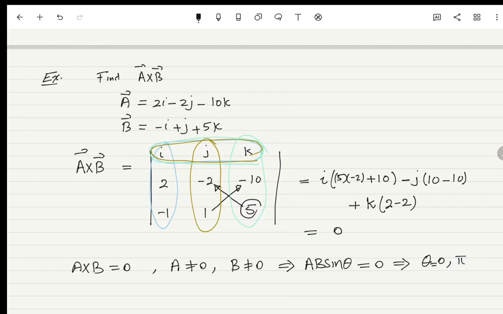In such a way, if the angle between A and B is pi, it means A is anti-parallel to B.